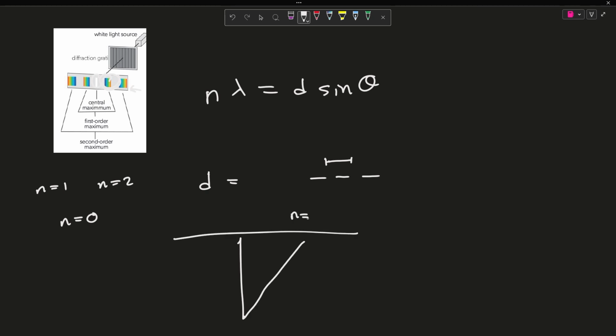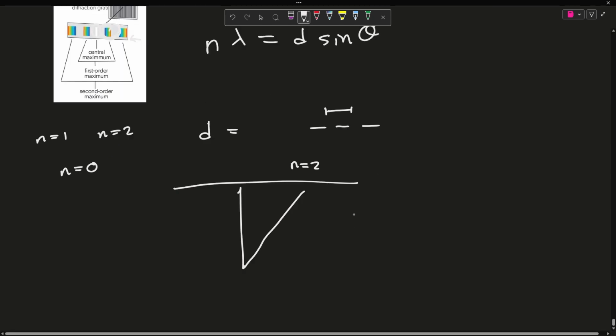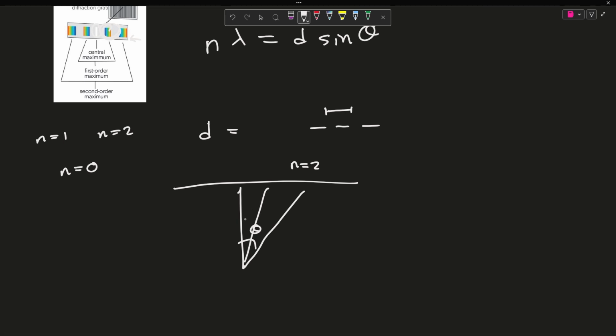So if you put n equals 2 in the formula, then theta will give you the angle to n equals 2. But if you put n equals 1 into the formula, then it will give you this theta, where n equals 1. And remember that theta is not a minimum like in the other formula. It is the angle to the maximum with the n.